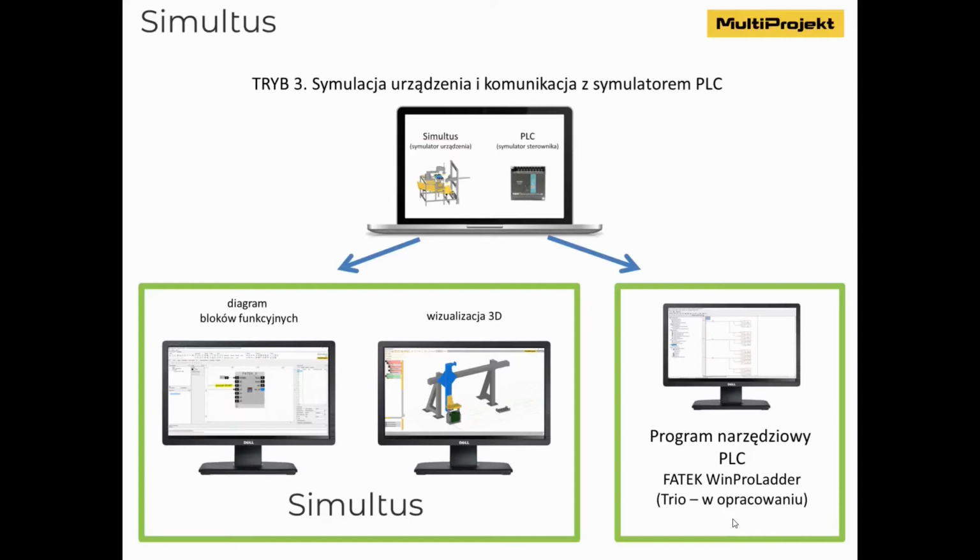In this case, both programs are running on one computer. This mode can be combined with the second mode. That is, one PLC simulated by Simultus and the other in WinPro Ladder. In this mode, as well as in the next, we can optionally use a 3D visualization.